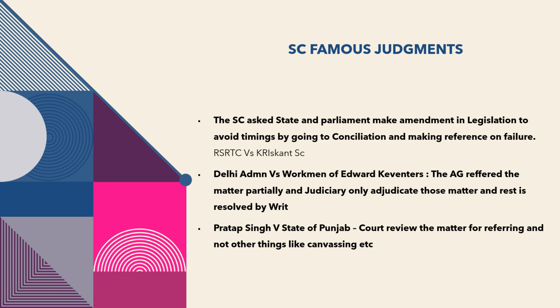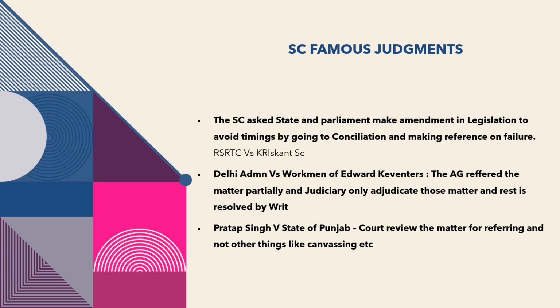In the case of Rajasthan State Transport Corporation versus KRI Shikant, the Supreme Court observed that there are so many stages in resolving the dispute. The workmen or the union have to take so many steps to get their dispute resolved.